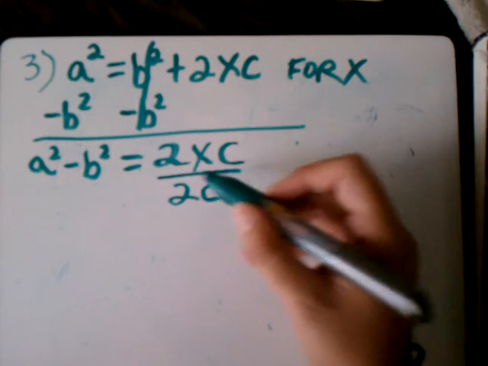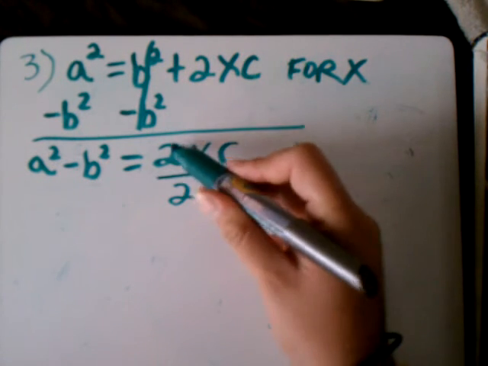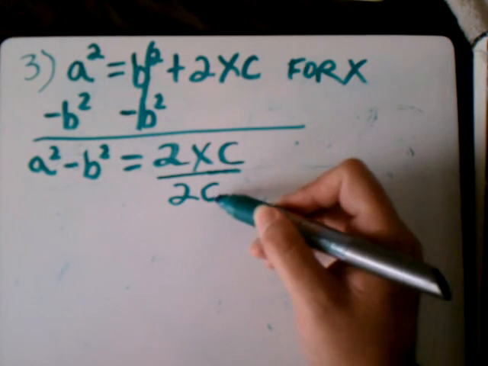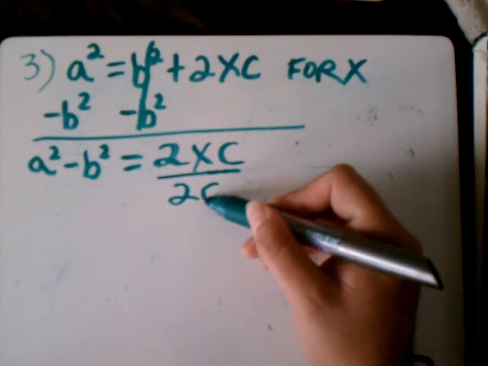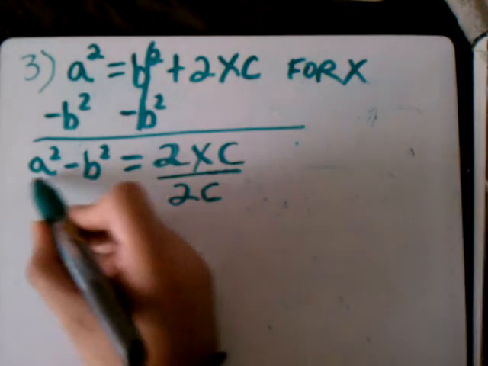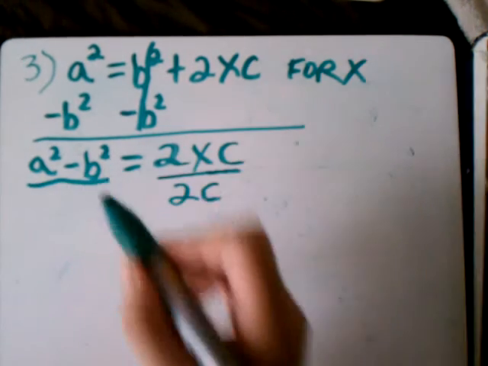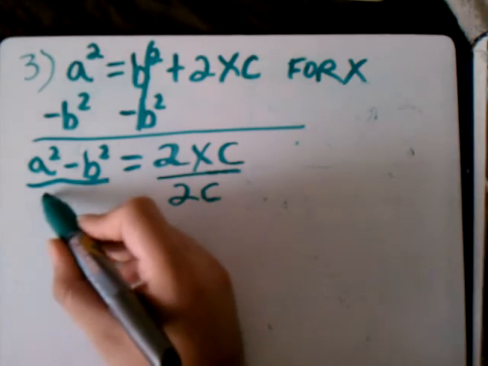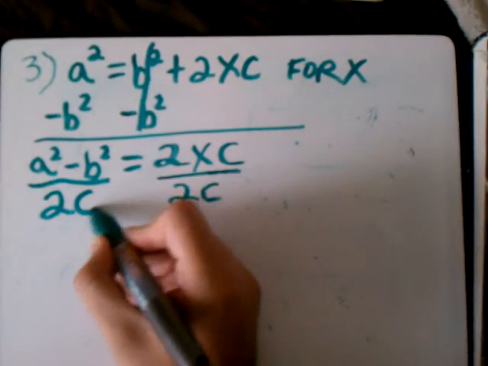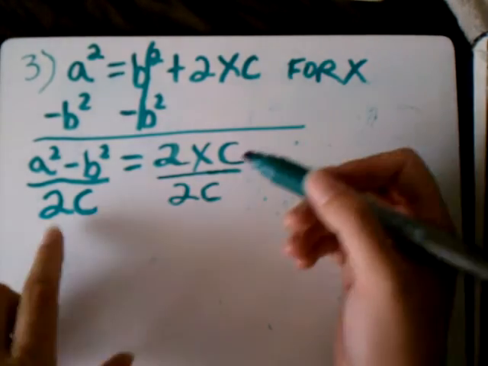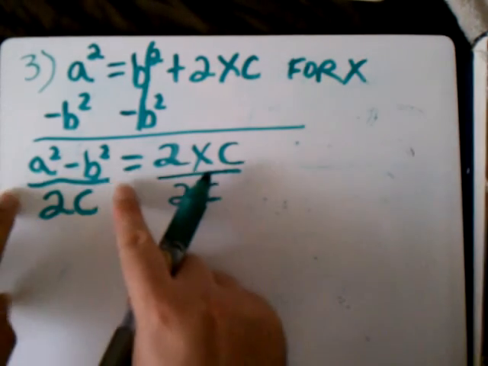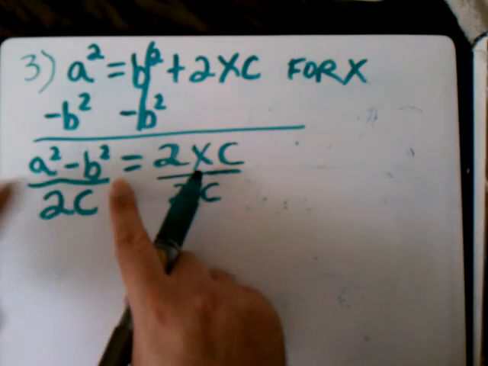Why? Because when I divide by 2, I'm going to cancel the 2. And when I divide by c, I'm going to cancel the c. So if I divide by 2c, and remember, whatever you do on one side, you have to do it on the other. So 2c. Okay? Notice that I have the line is covering the a square and the b square. Okay?